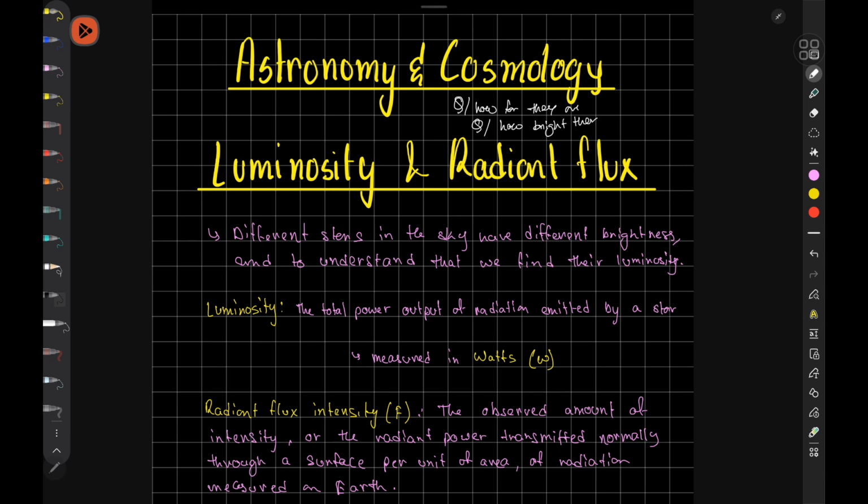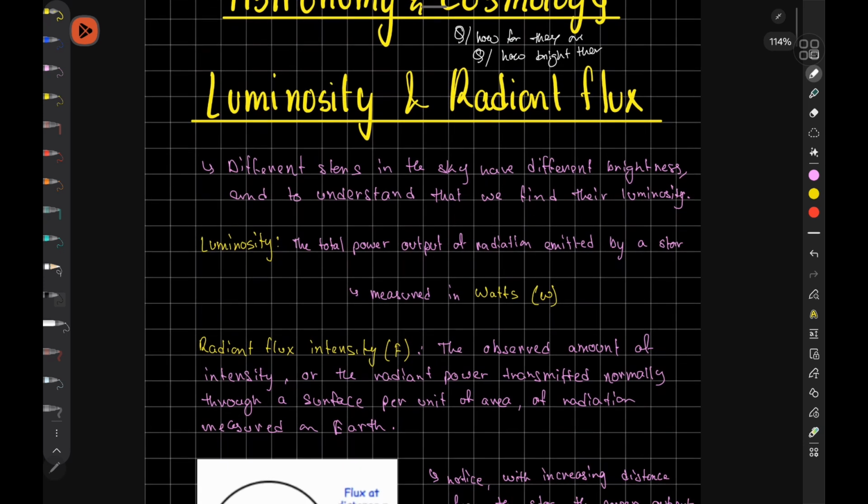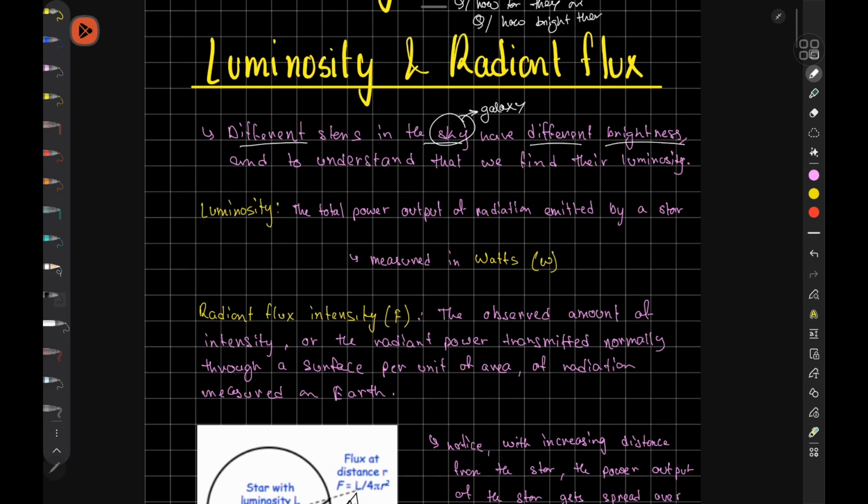So the first thing you need to note is, well, different stars in the sky, in the galaxy, will have different brightness, and how that happens and why that happens, we're going to start talking about luminosity. Luminosity is an indicator of how bright something is.